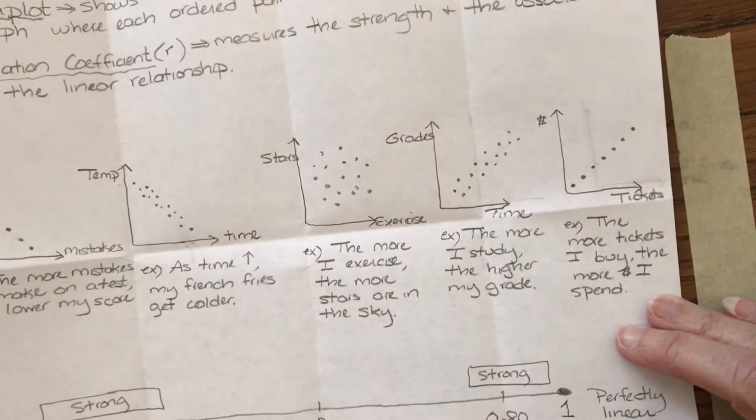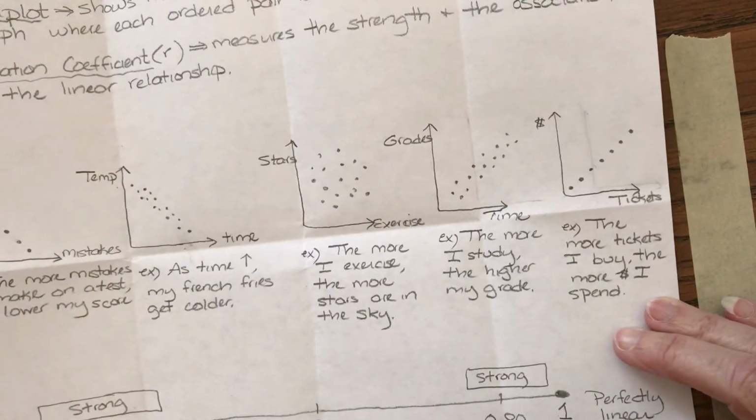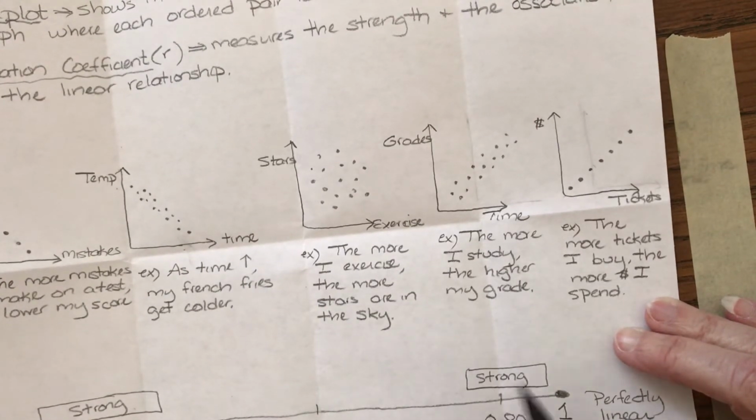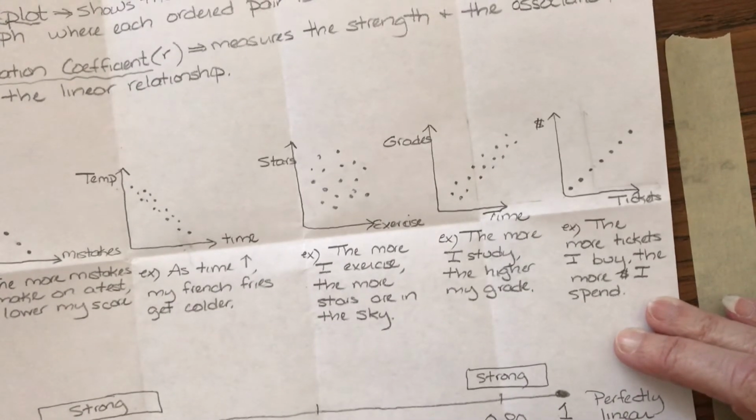The difference here, though, would be that values up here will increase together. But again, not linear.